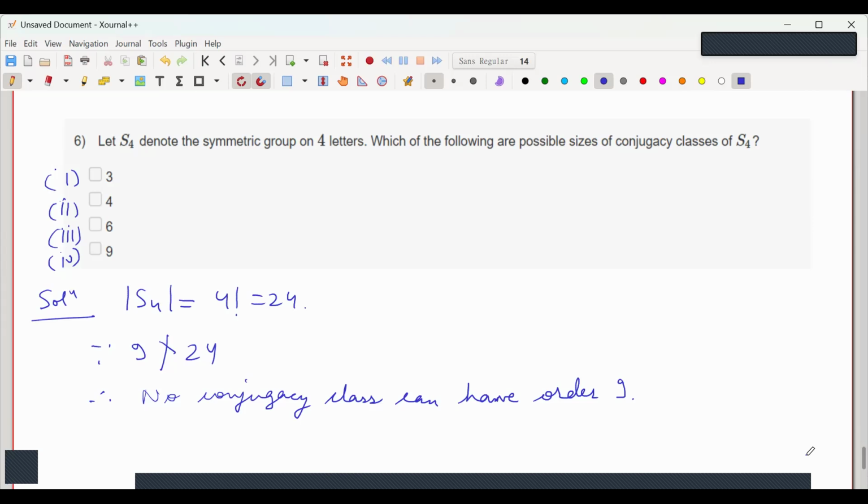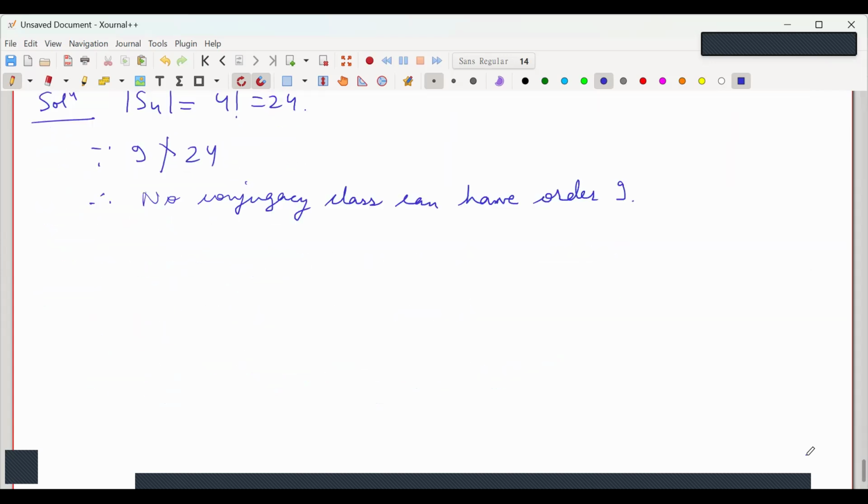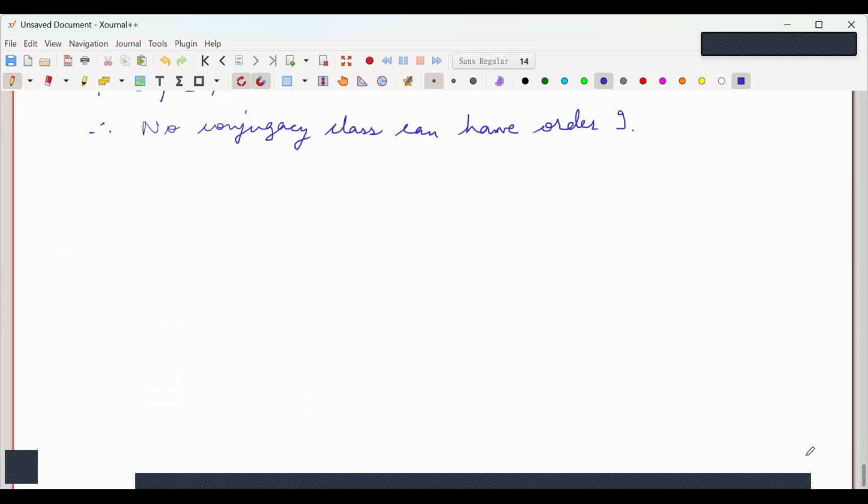So you know how conjugacy classes in Sn are factorized? First of all, let me just answer this question and then I will tell you a bonus fact.